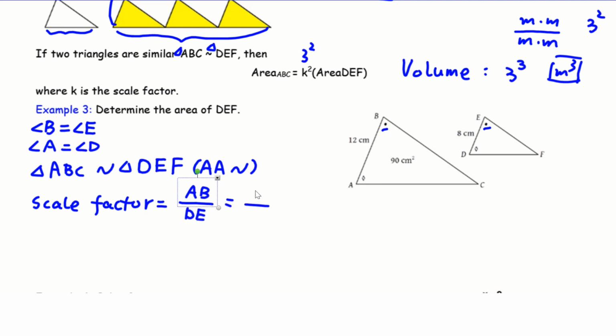That equals 12 divided by 8. Simplify: both divided by 4, we have 3 over 2. So this is our k value.